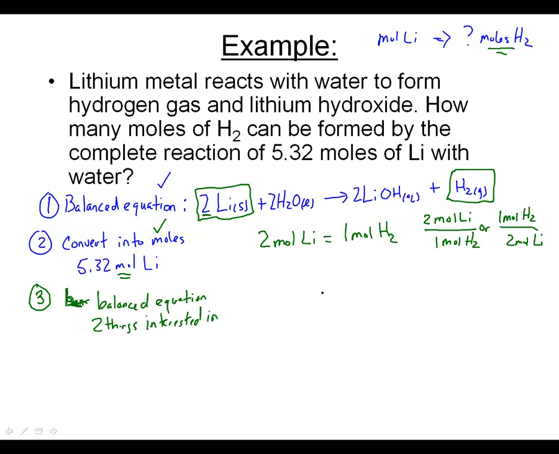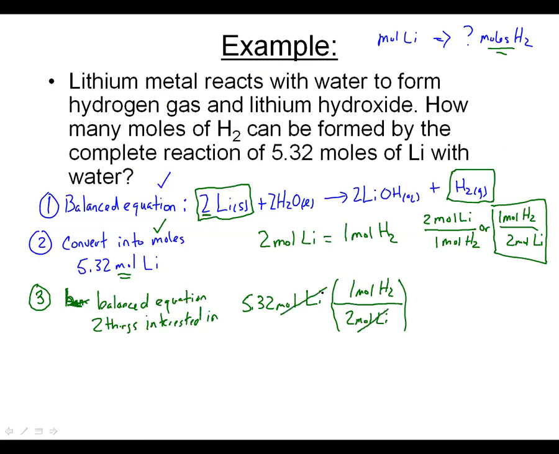So right now we have moles of lithium, and we want to get rid of lithium, which means this conversion factor here is the correct one. Moles of lithium need to go on the bottom, and on top would be the moles of hydrogen. This is the big stoichiometry part. This is the part that's going to allow us to go from moles of lithium, which is ultimately not what we're looking for, to moles of hydrogen, which is what we're looking for.